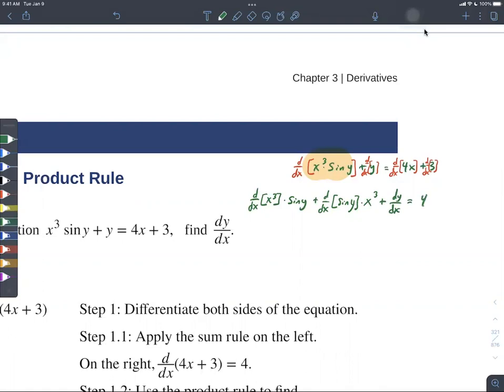Okay, so let's go ahead and take the derivatives now. On that first part, the derivative of x cubed is 3x squared. Sine y, nothing's happening to that. That's just sine y. Now here we have the derivative with respect to x of a composition of functions. The outside function is the sine, and the inside function is just y.